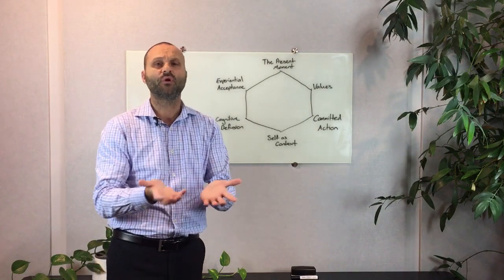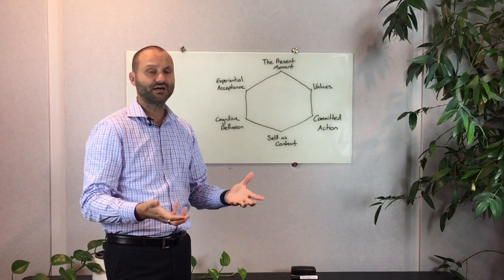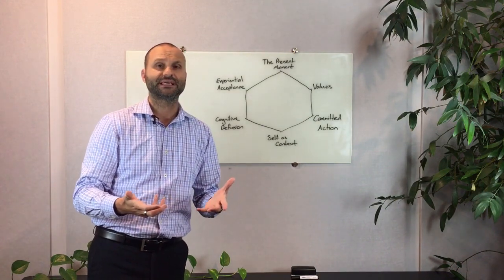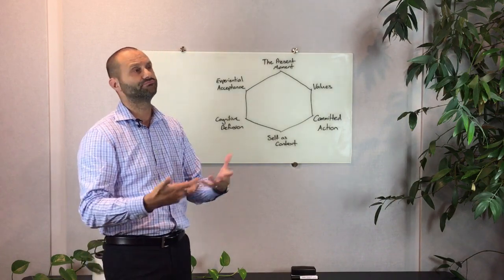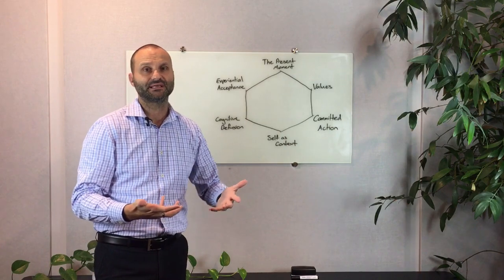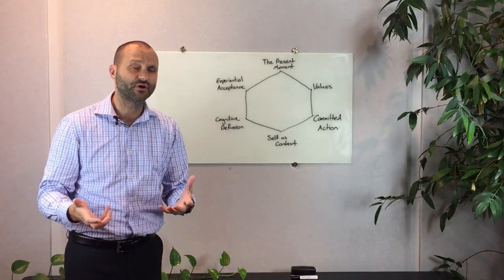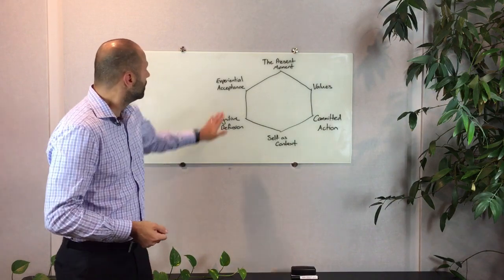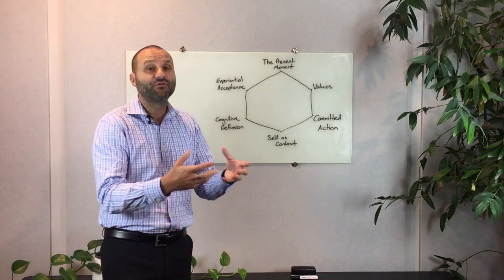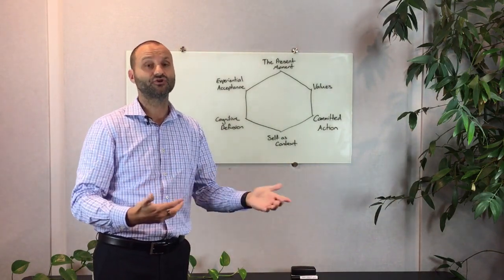And so what this might look like in an example might be, let's take a young boy who might be concerned that socially he's inept or not good enough, and that he's embarrassing and just doesn't fit in. What we would probably find is this young lad, from an experiential acceptance point of view, would be probably avoidant of social situations, not wanting to go out and socialise.